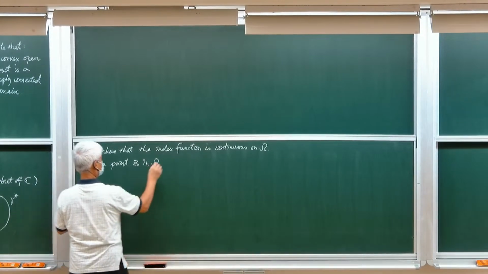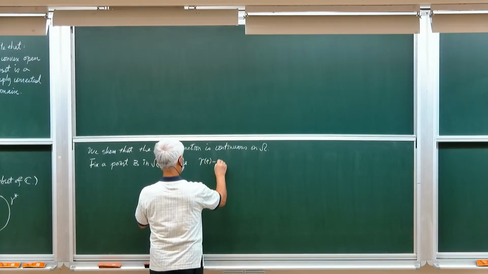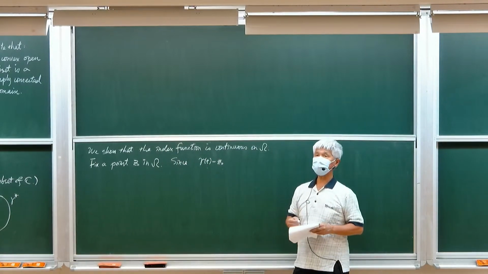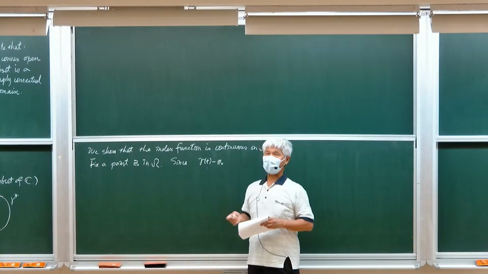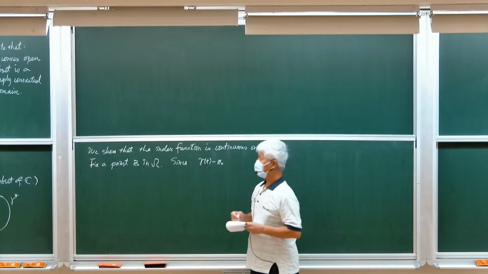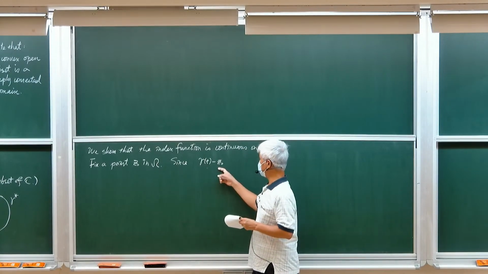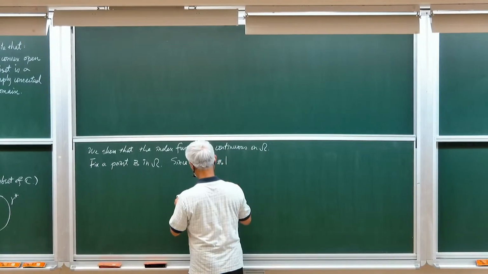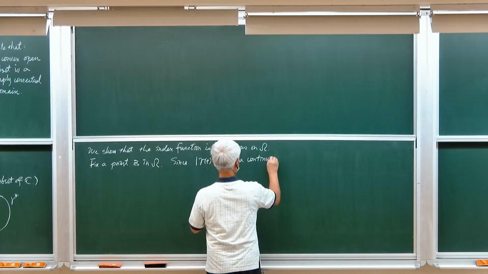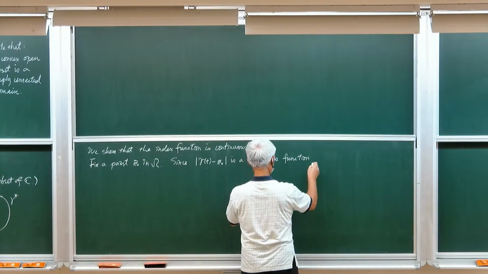Now, gamma t minus z0 is a continuous function because gamma t as a path is a curve, and as a curve it is a continuous function. So this is a continuous function minus a constant, so again a continuous function. And if we take the absolute value, then this is also a continuous function on the parameter interval.